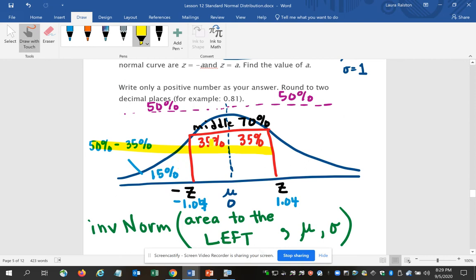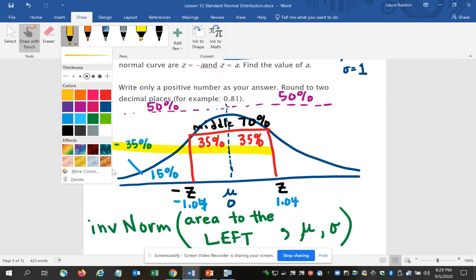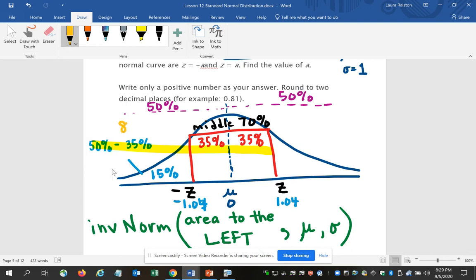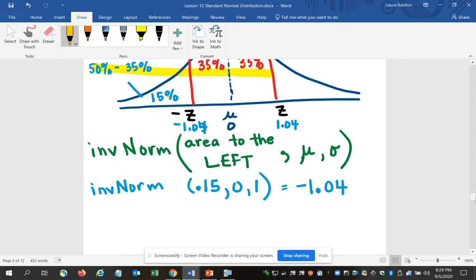So 35 and 35 is 70, plus the 15 would be 85. For this upper one, we have to use 85%. We have to do 35, 35, and 15, because it's always the area to the left. So you would do inverse norm. This time you're going to put in 85%, 0, and 1.